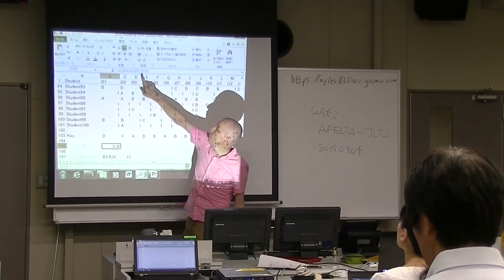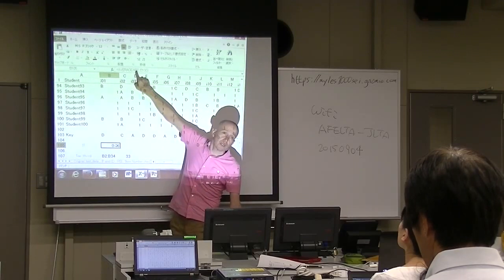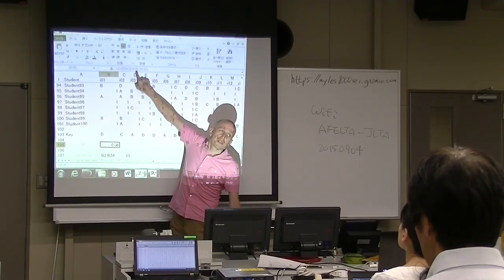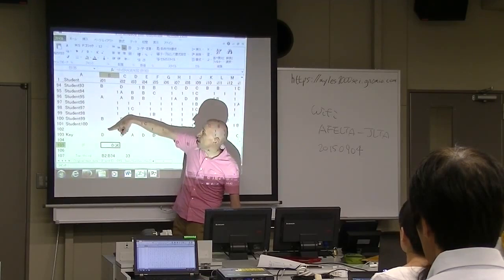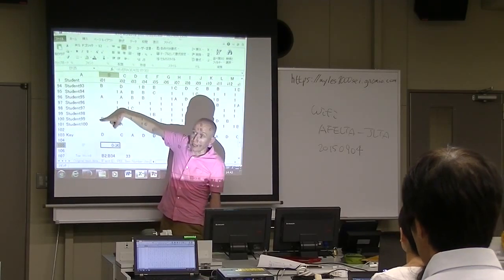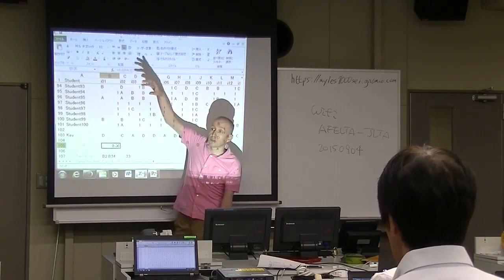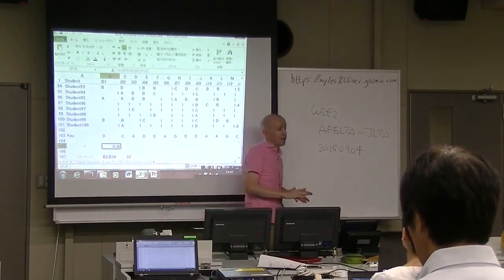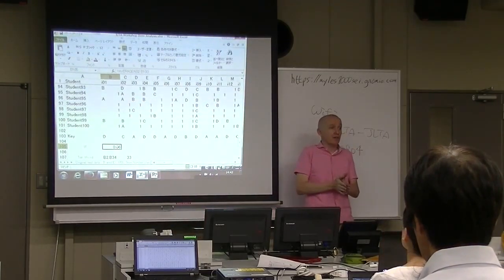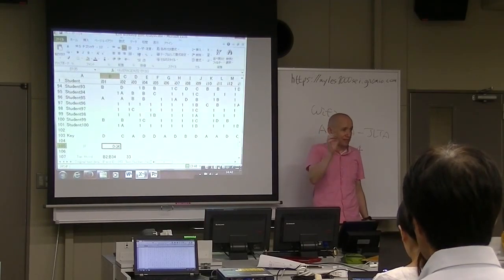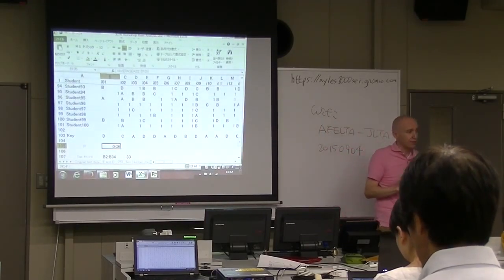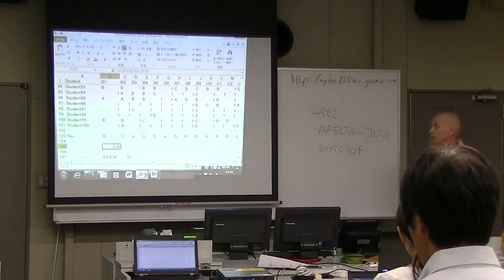Notice this says AVERAGEA, which is an average of the range in Excel, not the average of the numbers only. If you change that to AVERAGE, it'll show the average of 1, because it's only counting instances of the number. We've got the range here.